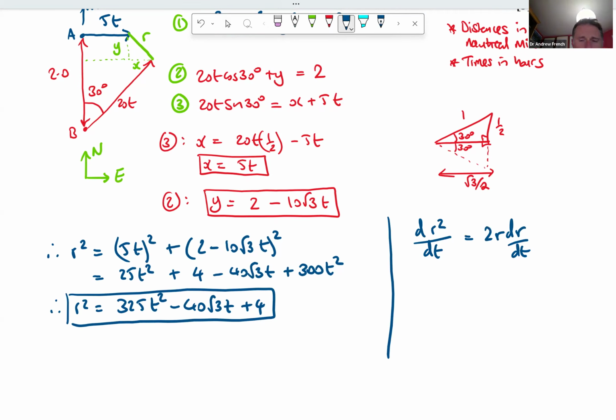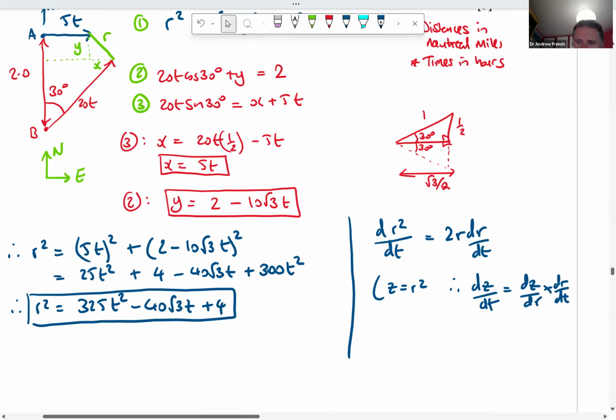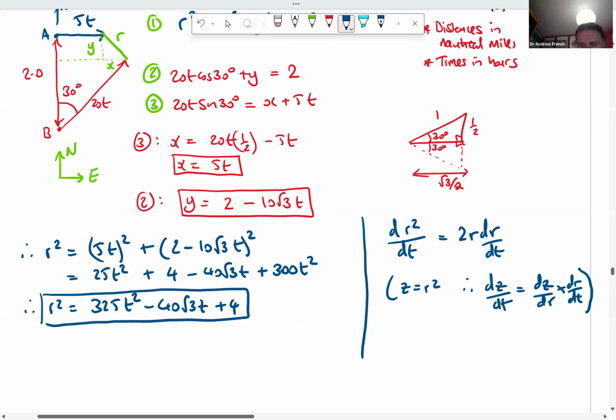So it's kind of using the chain rule. You could say that z is r squared, all right? So therefore, dz by dt is dz by dr times dr by dt. That's a bit of calculus magic there. So that's what we're kind of doing.